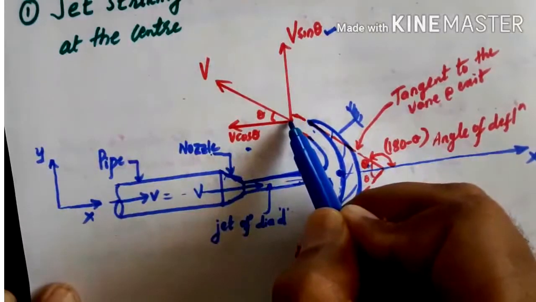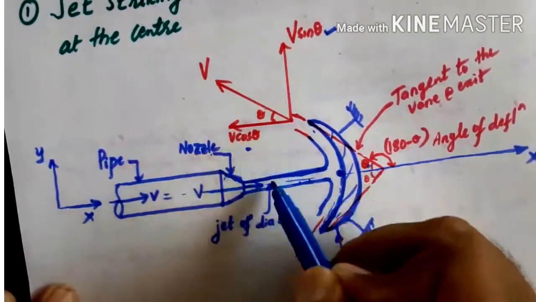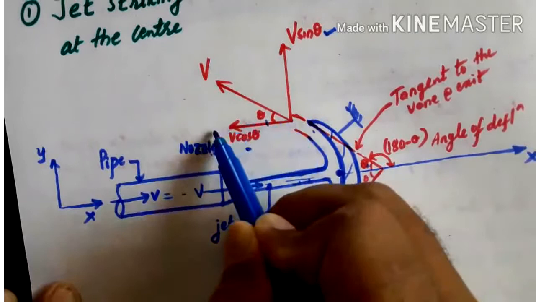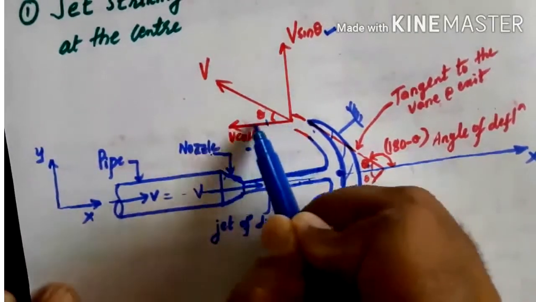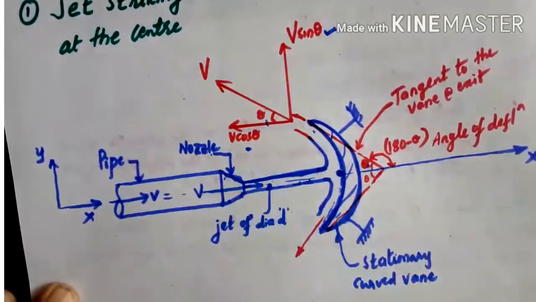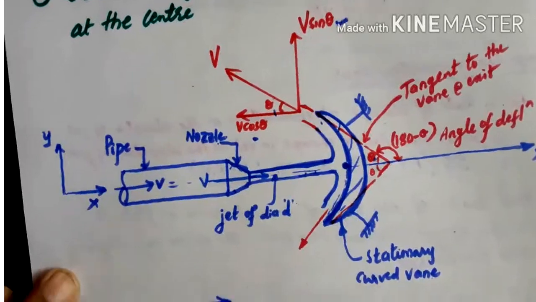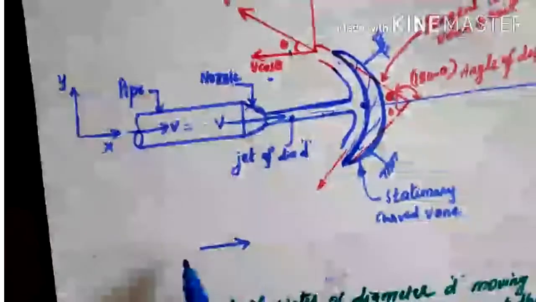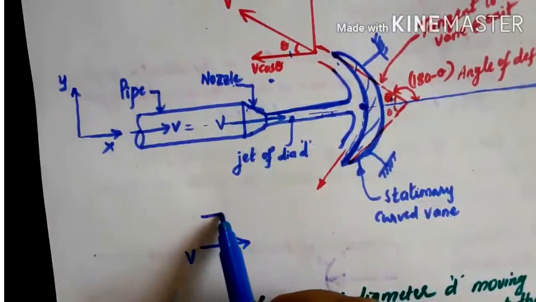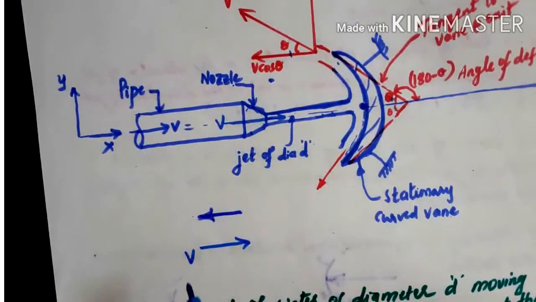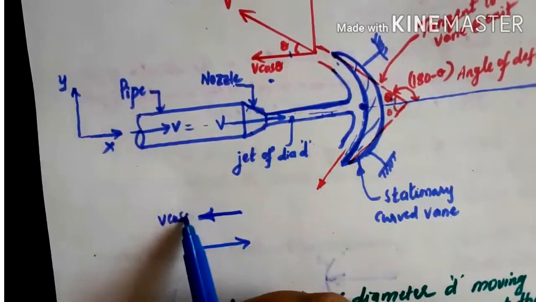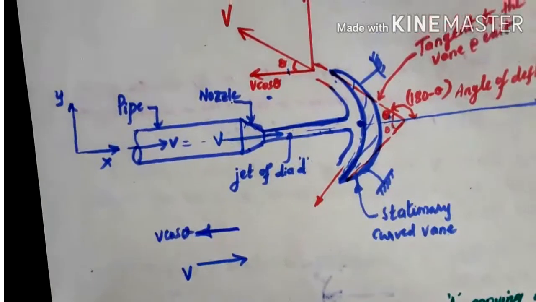So both are parallel here, but in opposite direction. One v is going in this way and the component of this coming out like this. So it is v cos theta. I hope you understood this one.